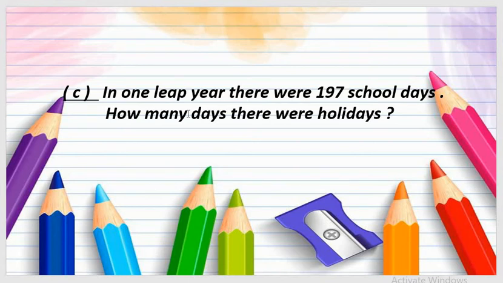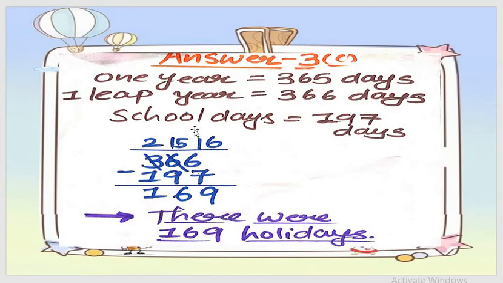And the school days, how many? 197. So we can easily find how many holidays. Let's check the answer, option C. As I wrote here, 365 days in 1 year. How many days in 1 year, all students? 365 days.